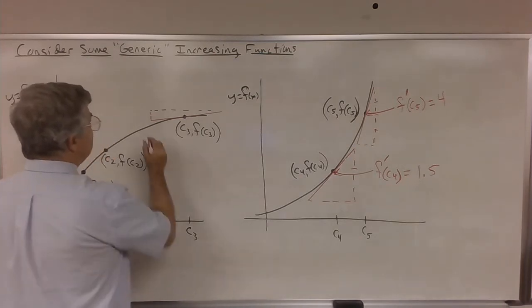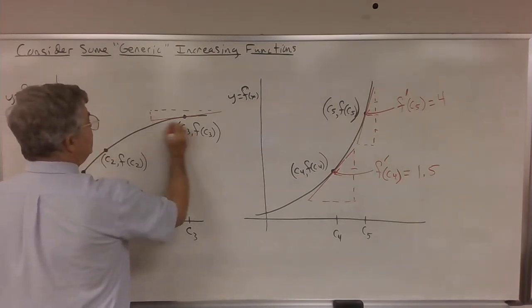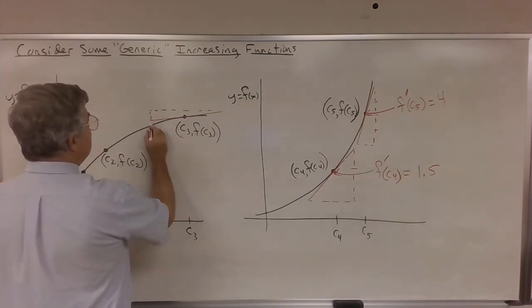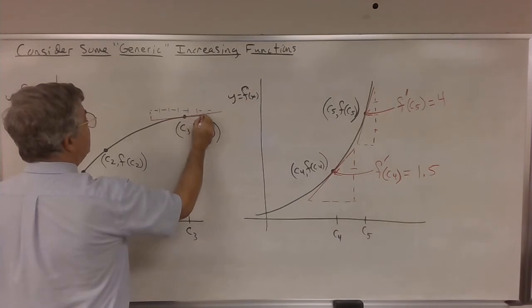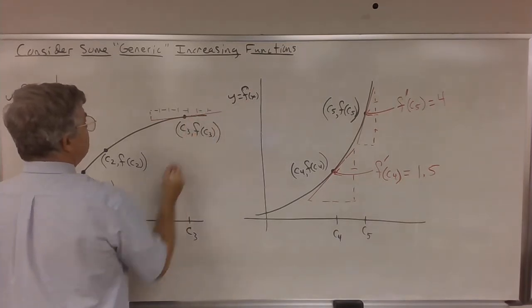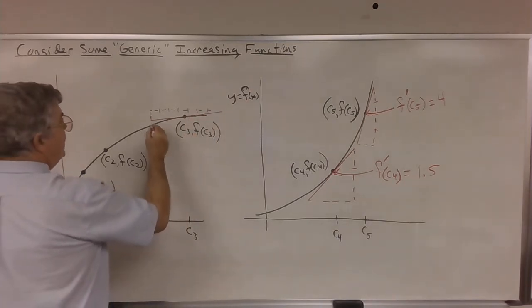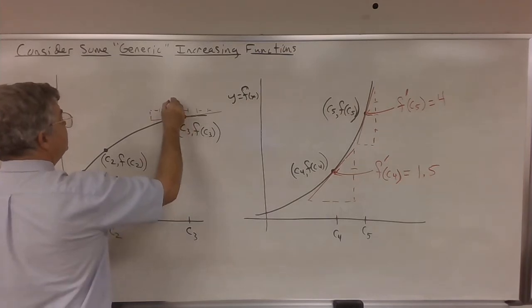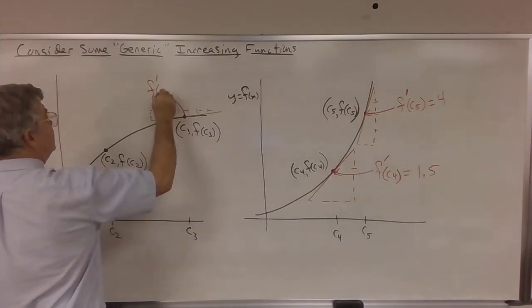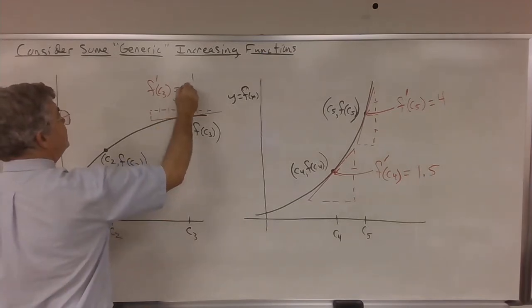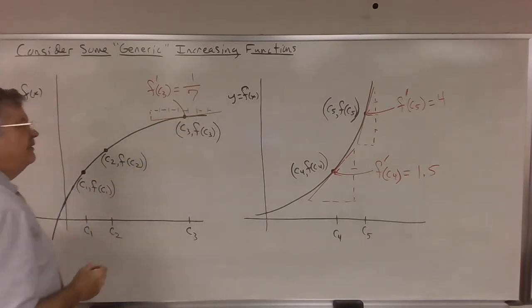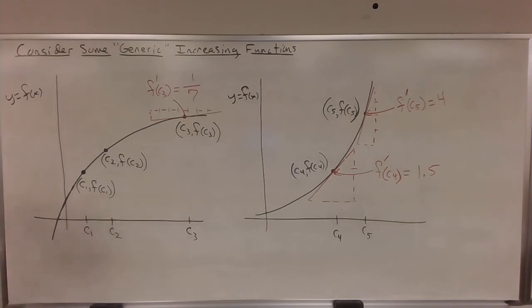And it looks like if I go from this endpoint of the tangent to that endpoint of the tangent, I go up 1 unit and I go over 1, 2, 3, 4, 5, 6, 7. So I go up 1 and over 7. So I think the derivative is going to be rise over run. So the derivative's about 1/7.